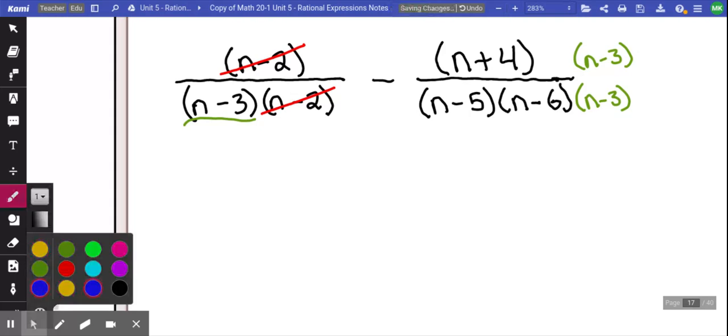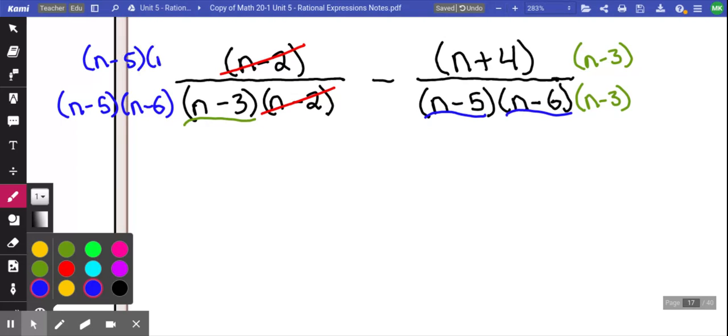If I look over on the right side, there's an n minus 5 and an n minus 6. So I need both of these on this side. Like that.